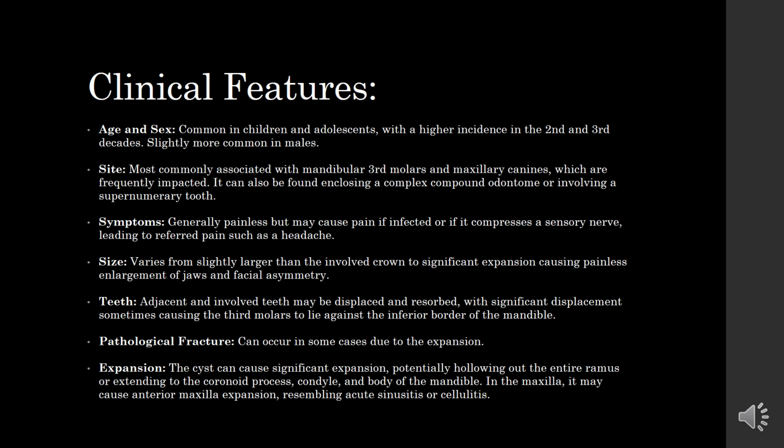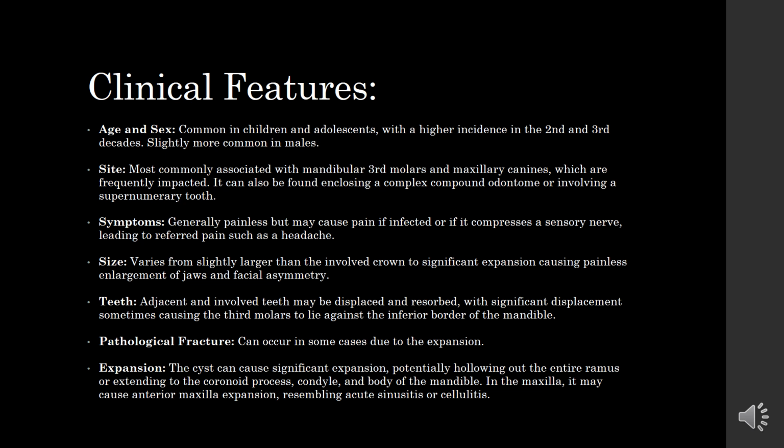Its size varies from slightly larger than the involved crown to significant expansion causing painless enlargement of jaws and facial asymmetry. Teeth adjacent to it and involved teeth may be displaced and resorbed, with significant displacement sometimes causing the third molars to lie against the inferior border of the mandible.